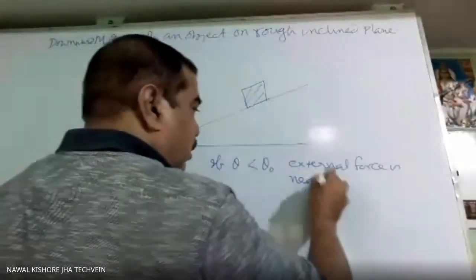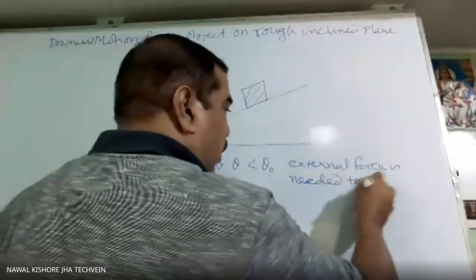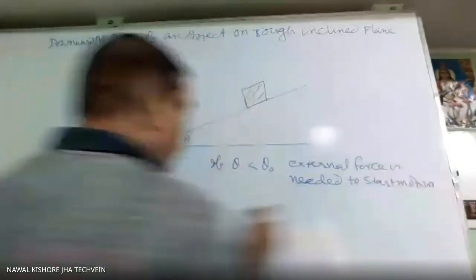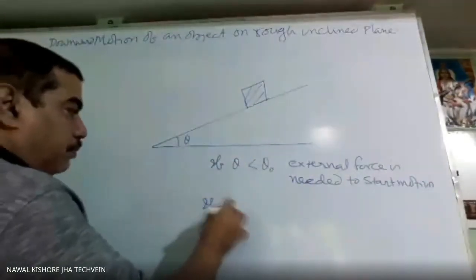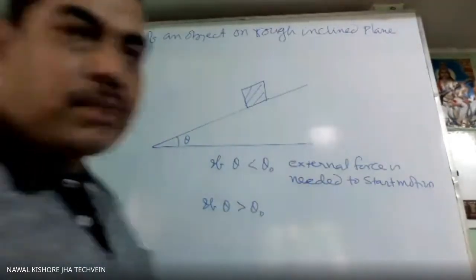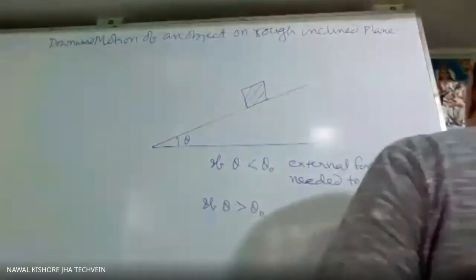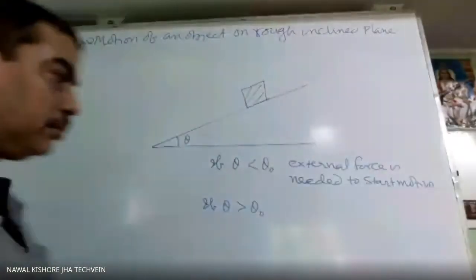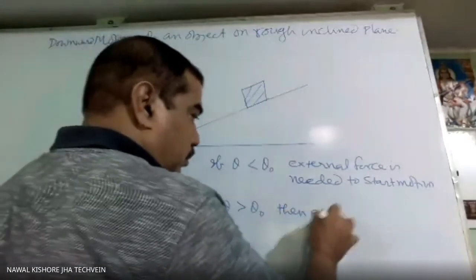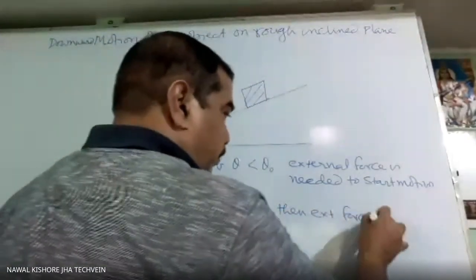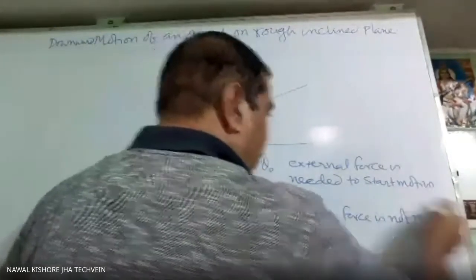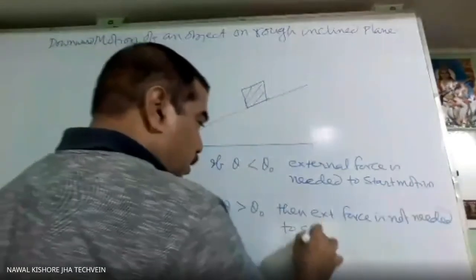If theta is less than theta naught, external force is needed to start motion. If theta is more than theta naught, then external force is not needed to start motion.